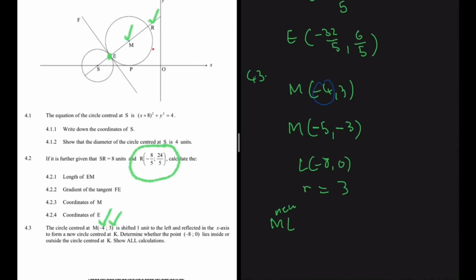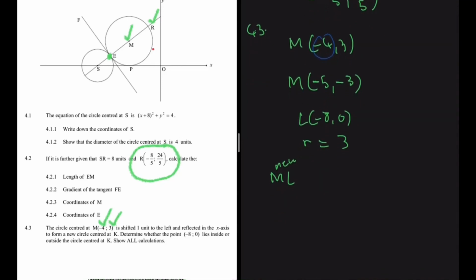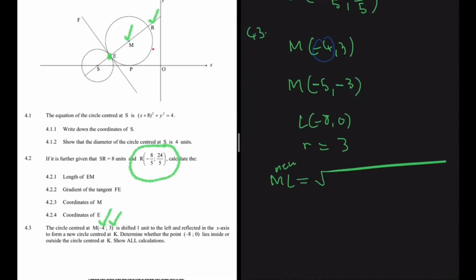So let's go ahead and compute ML. So we're saying that ML will be equal to, we know the distance formula, y2 minus y1 squared plus x2 minus x1 squared. So let's just go ahead and sub it in.